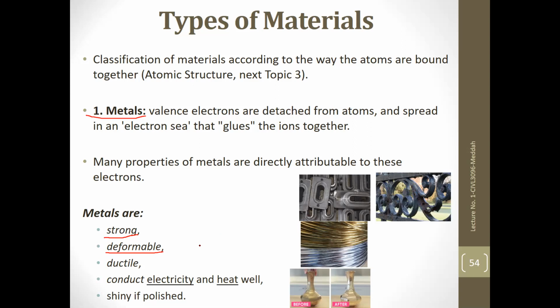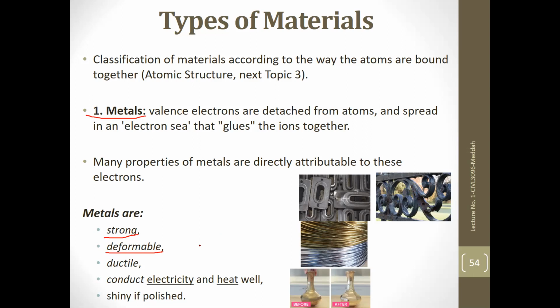You can make it in a different shape without rupturing the material. But this property is not really found in ceramic materials. If you try to deform a ceramic after casting, you will break it because it has no ability to deform.